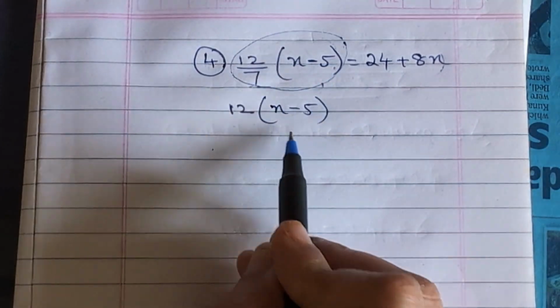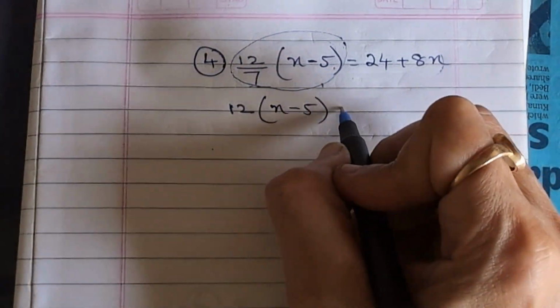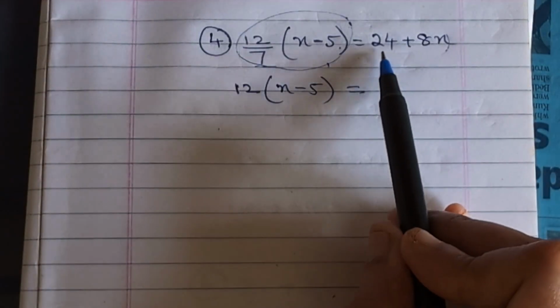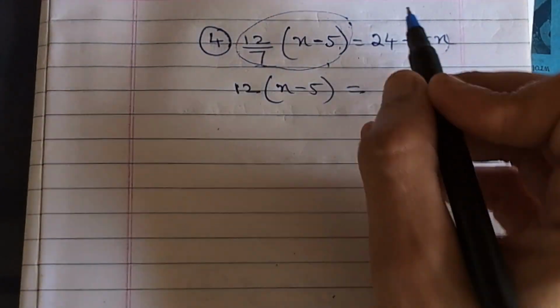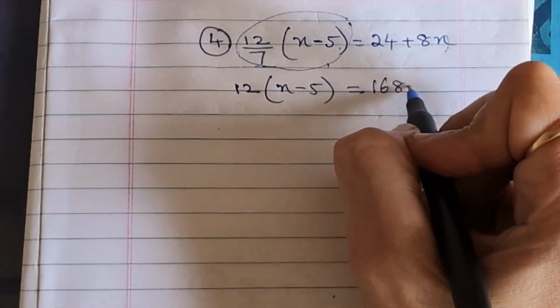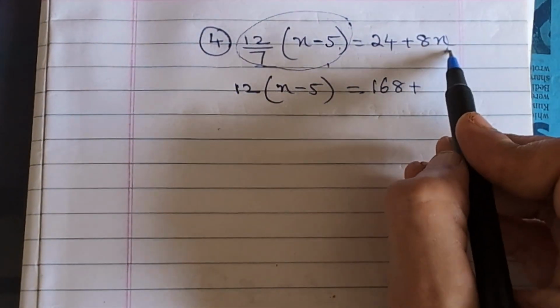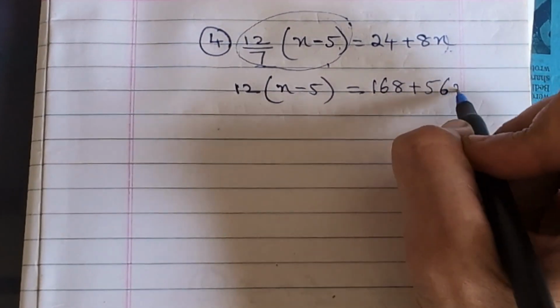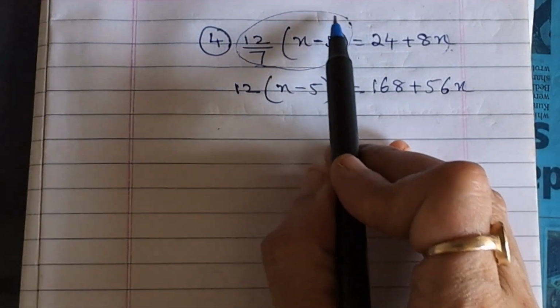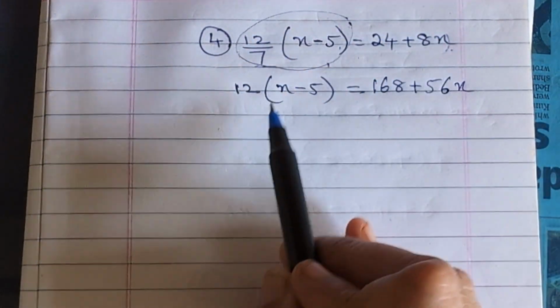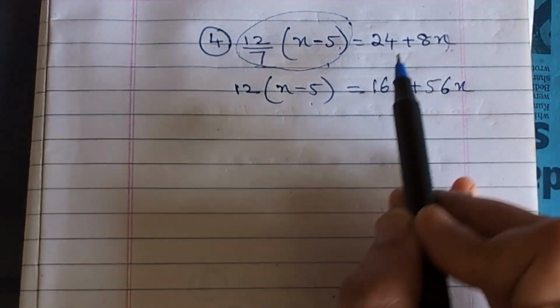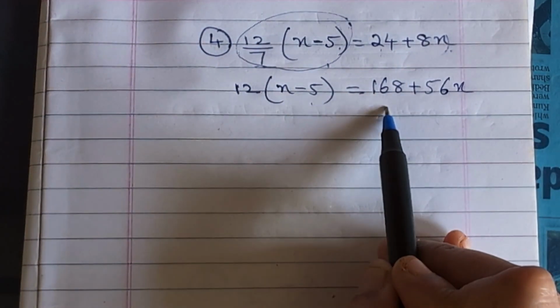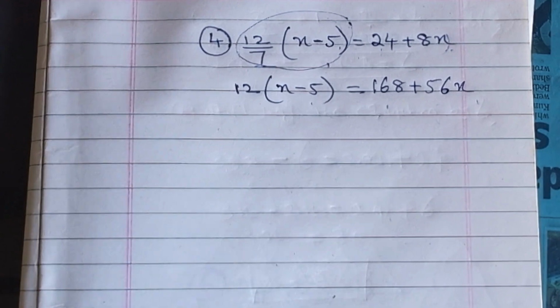So it will be just 12 into x minus 5 equal to, now 7 into 24, which is 168, plus 7 into 8x, so 56x. So we have to multiply each and every term of this equation by 7. So 12 into x minus 5, 7 into 24, 168, and 7 8s are 56x.